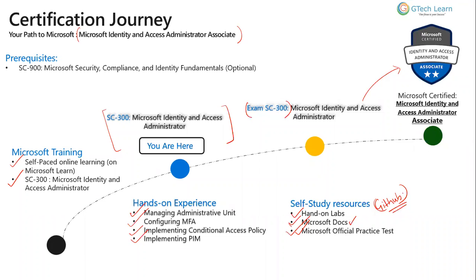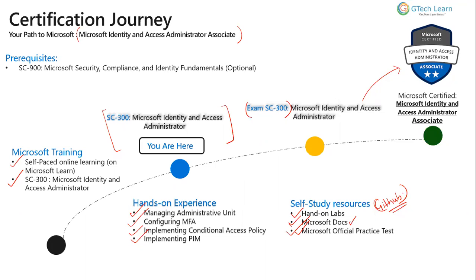So those are all the things that are going to be a part of your certification journey towards your SC-300 examination. So you can start your journey with the training and the hands-on experience, and then you can prepare yourself with the hands-on lab.